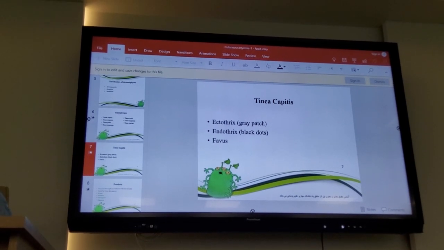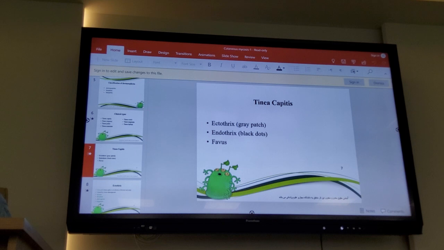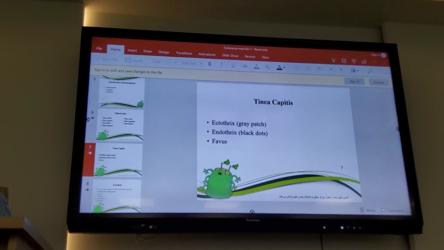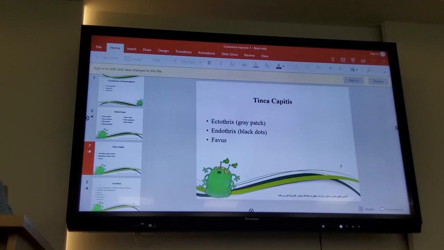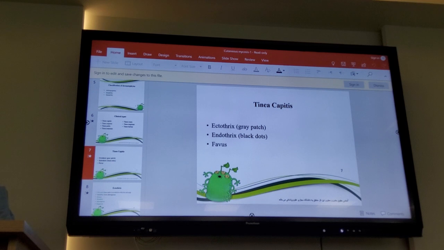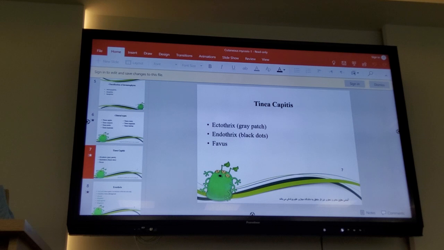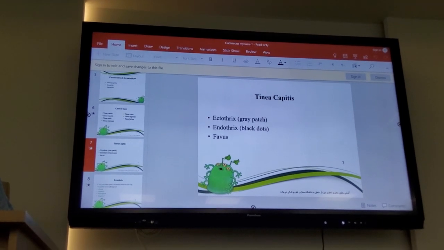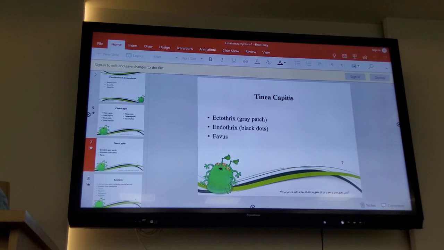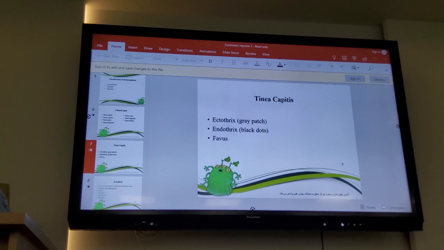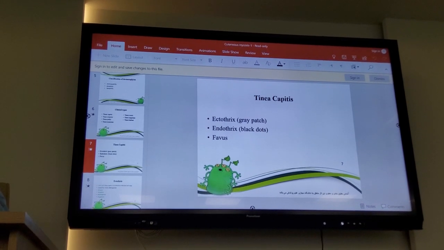And favus... this description is not clinical sign. I want the shape of the fungal element in the hair. Ectothrix: cluster of spores outside the hair. Endothrix: cluster of spores inside the hair.